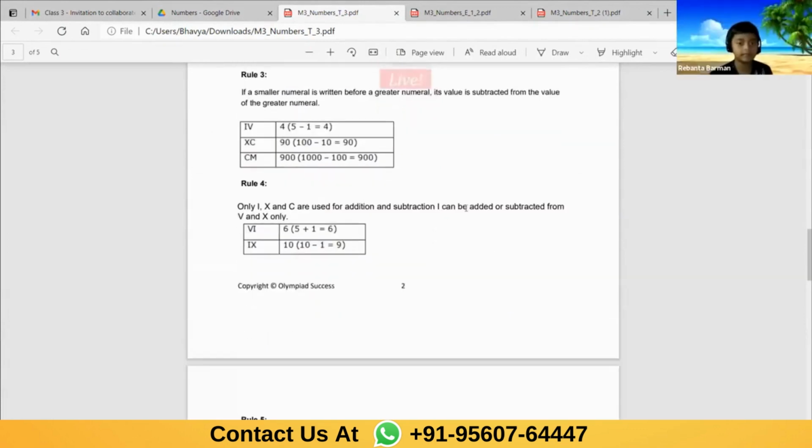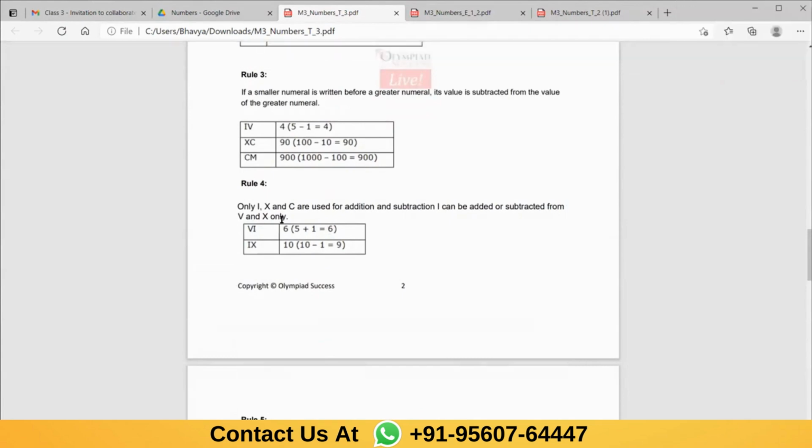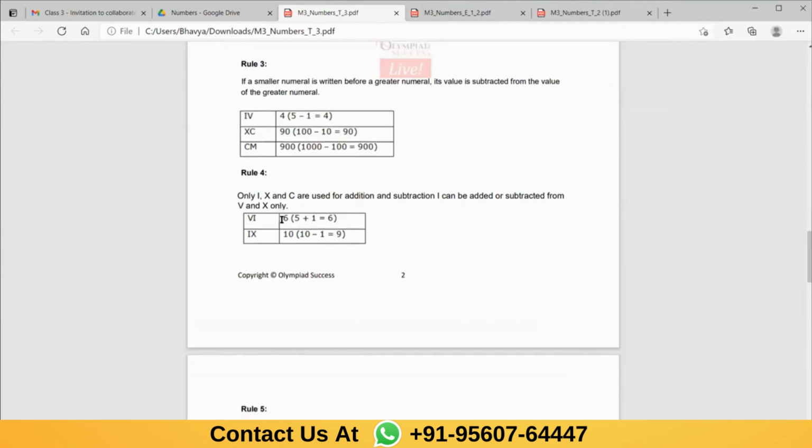Yes, ma'am. It can be added or subtracted from V and X only. Yes, this was the rule. So, if you will write LI, will it become 51? No, ma'am. Let us see what to do about 51. Wait, we will come on to that. I think it's L and C.